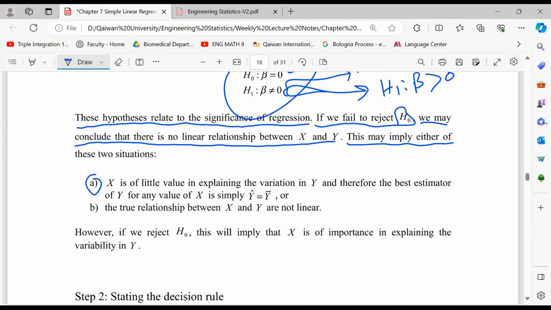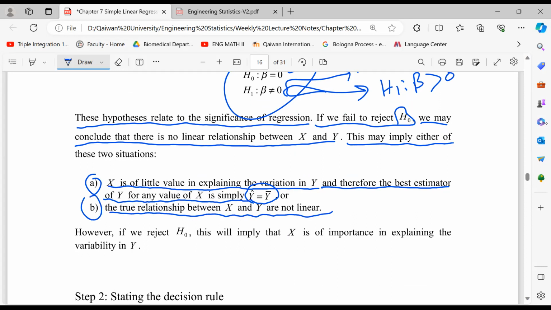First, x is of little value in explaining the variation of y, and therefore the best estimator of y for any value of x is simply y hat equals y bar. Or the true relationship between x and y is not linear. If you have these two cases, it means we fail to reject H naught.